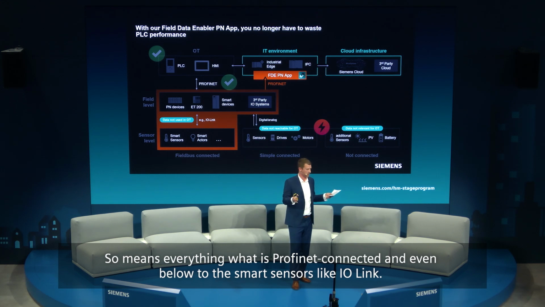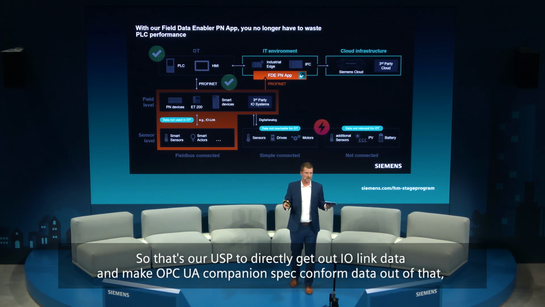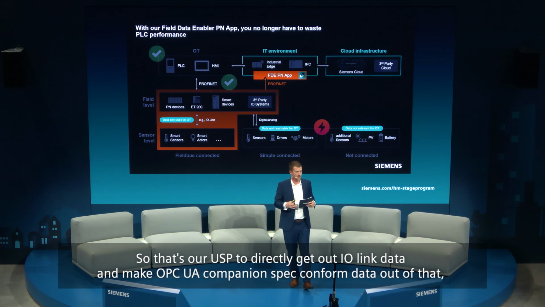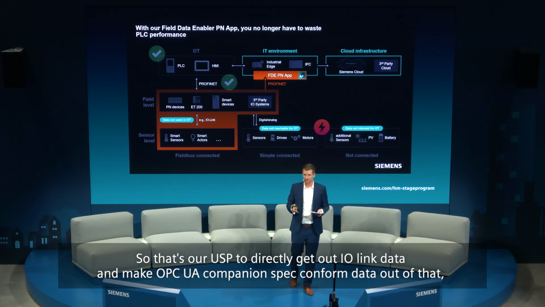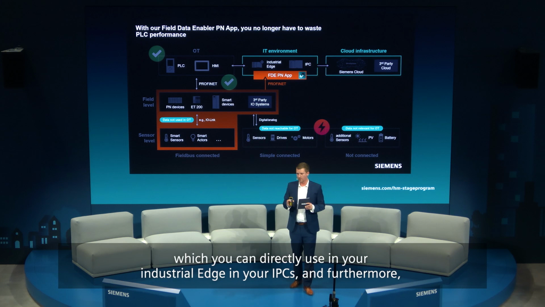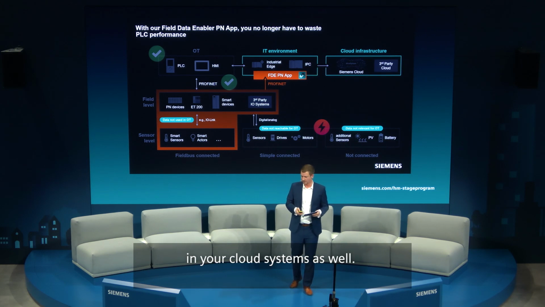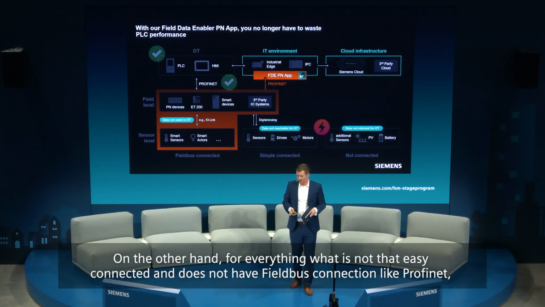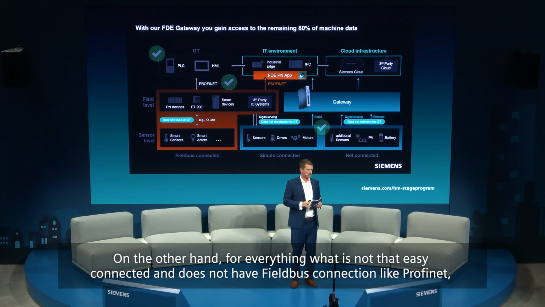So it means everything that is Profinet connected, and even below, the smart sensors like IO-Link. So that's our USP: to directly get out IO-Link data and make OPC UA companion spec conform data out of that, which you can directly use in your industrial edge, in your IPCs, and furthermore in your cloud systems as well.